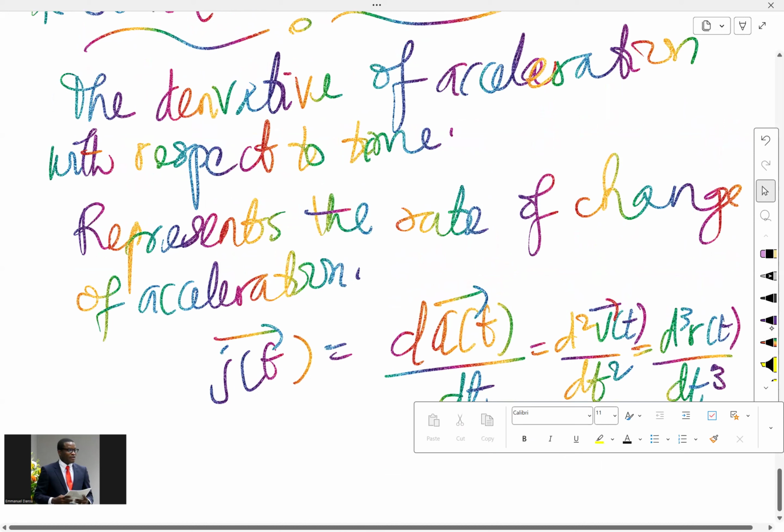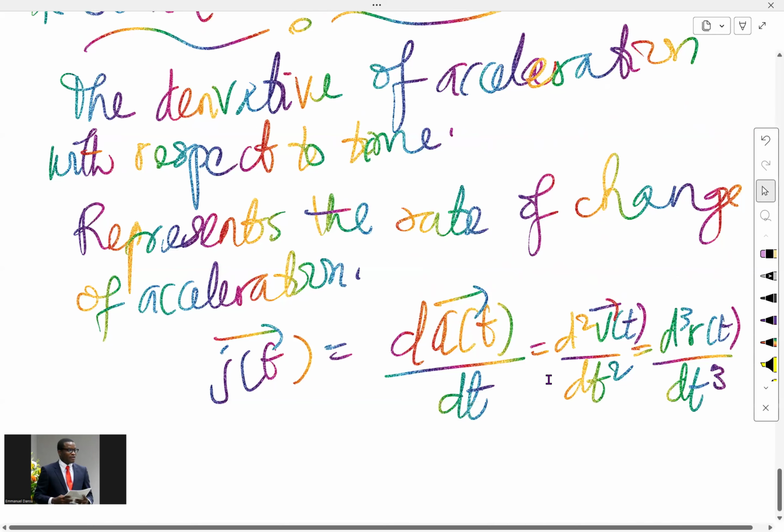Now, before we go too far, I think I should add some clarity on jerk.